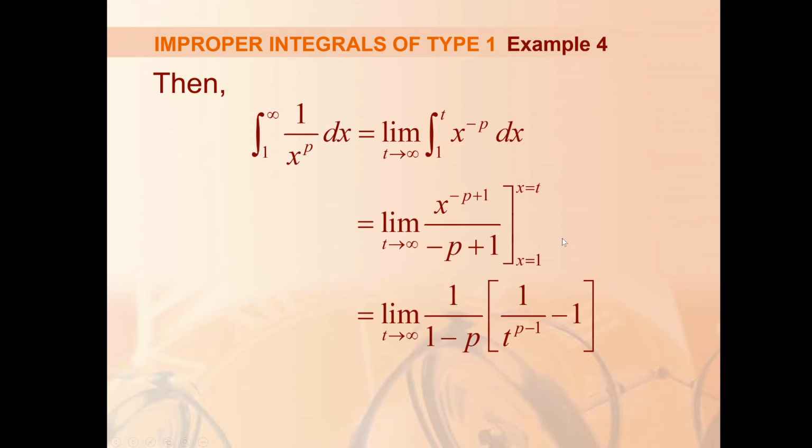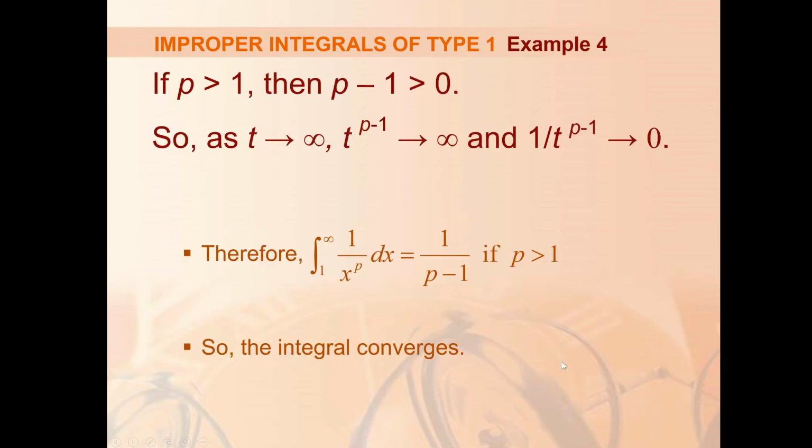So the way that we did it, just do it in general. x to the power of negative p using the power rule, and then FTC part 2, and then plug in t equals infinity. So here's what we can find. As t goes to infinity, t to the power of p minus 1 goes to infinity, so 1 over t to the power of p minus 1 will be 0.